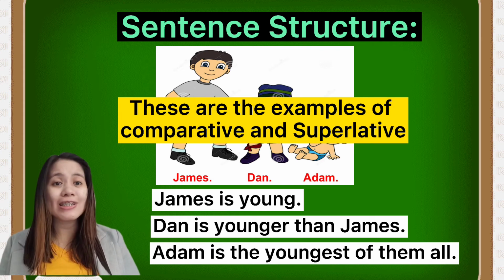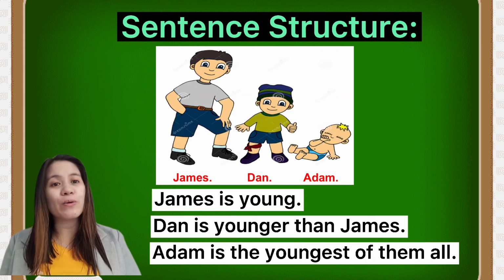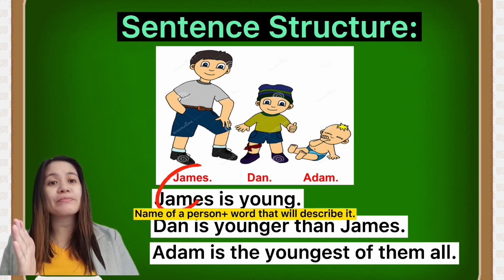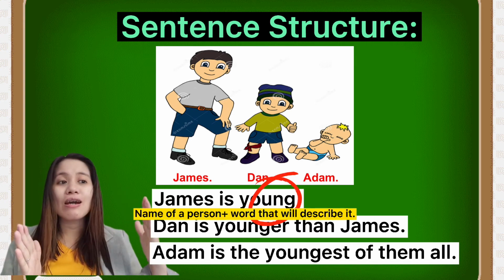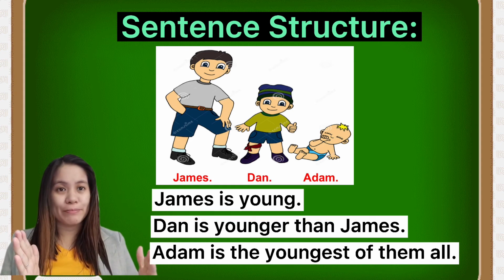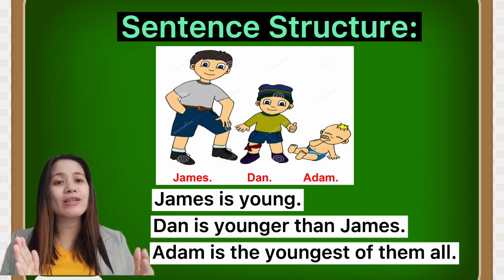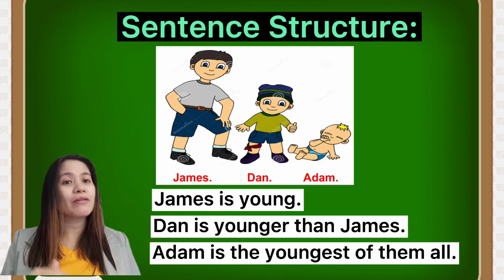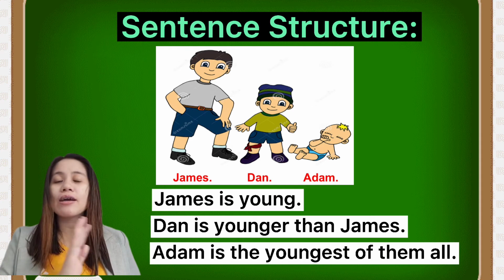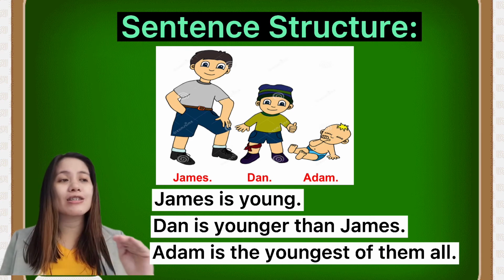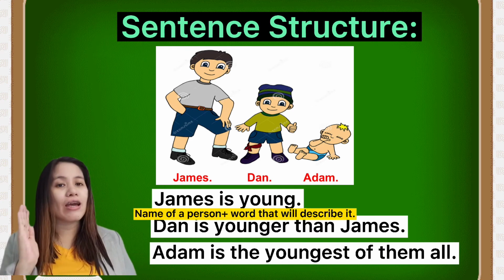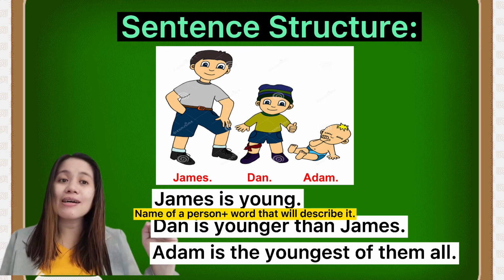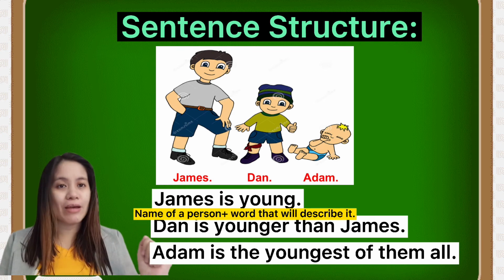So for the sentence structure, we are going to use the name of the person plus the word that will describe them. Okay? And the words that we are going to use to compare them. Like for example, James is young. This is the pattern. We have the name of a person, is, and then the word that will describe them.